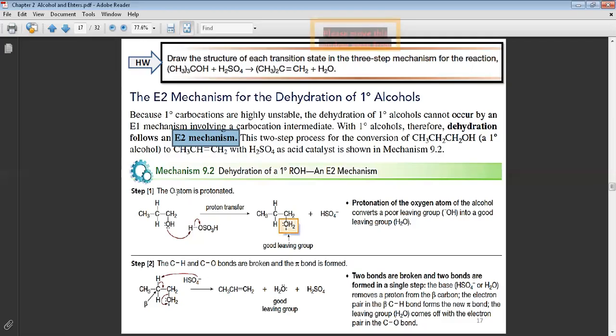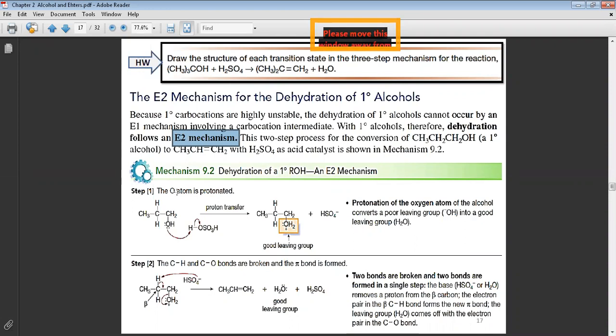So the E2 mechanism is easier than the E1 mechanism, simple. The difference between E1 and E2 is that E2 is without carbocation.